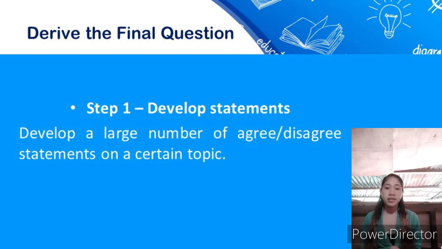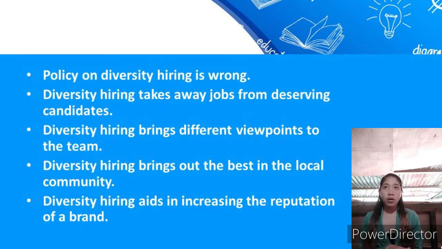As you can see, I have the example here: the people's attitude towards the policy of diversity hiring in an organization. In developing statements, you can put as many as you can, and these statements are answerable by agree or disagree.